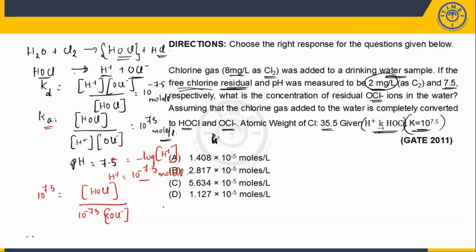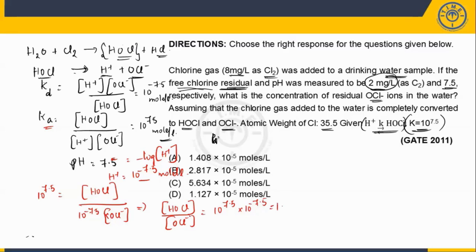From this, HOCl upon OCl minus, if I require, how much will it be? It's 10 power 7.5 into 10 power minus 7.5. How much is it? 10 power 0, it's 1.